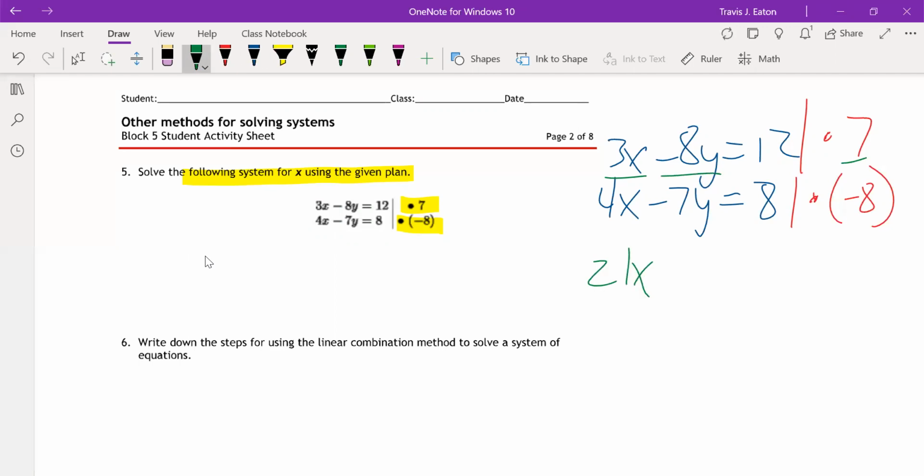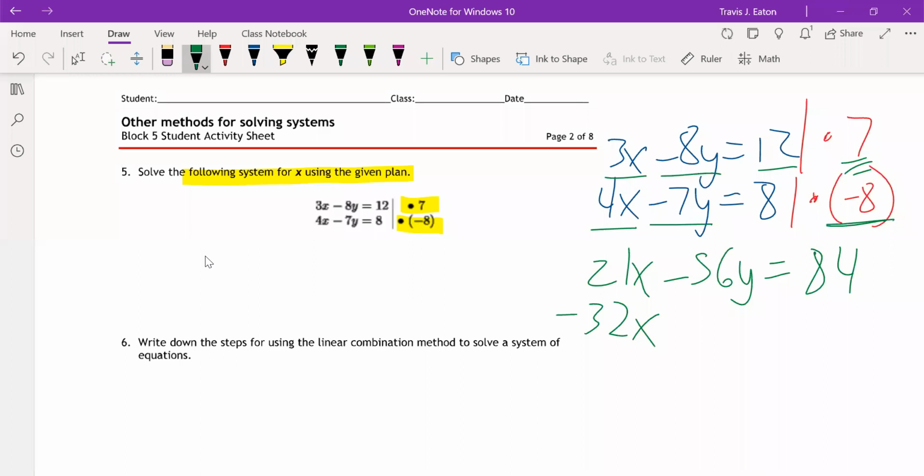Negative 8 times 7 is negative 56y. And 12 times 7 is 84. All right, next equation, 4x times negative 8 is negative 32x. Negative 7y times negative 8 is positive 56y. And 8 times negative 8 is negative 64.